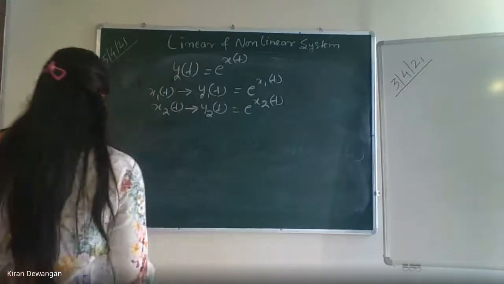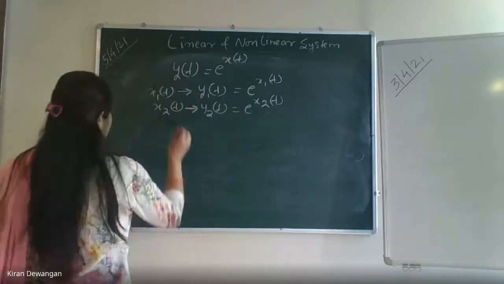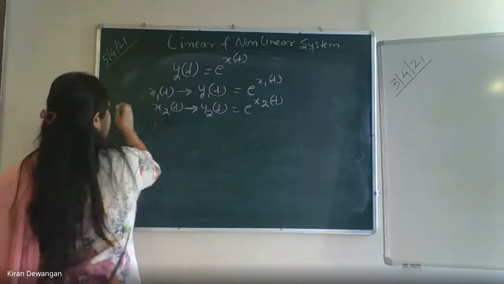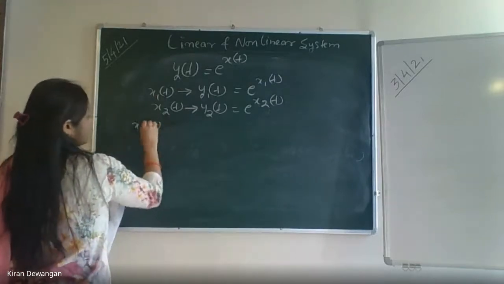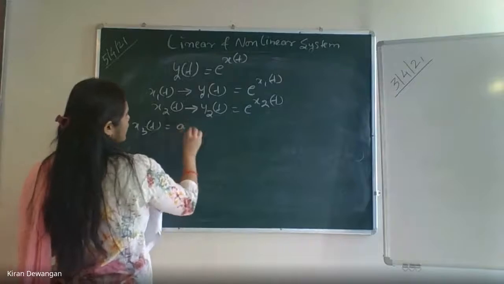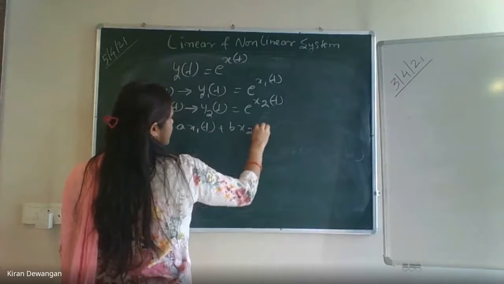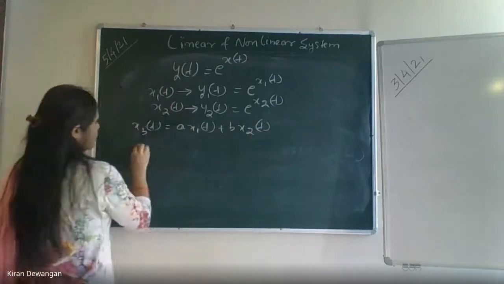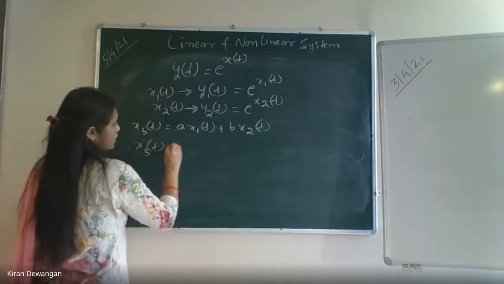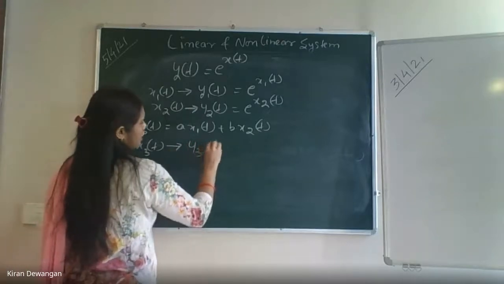Clear? And then if the input is a x1t plus b x2t, call it x3t. Now if I give x3t as input, the output will be y3t.